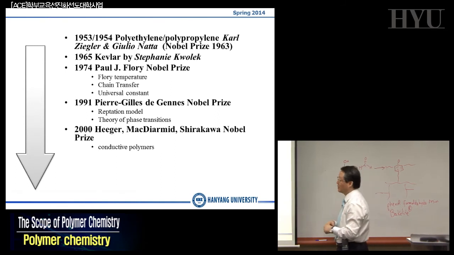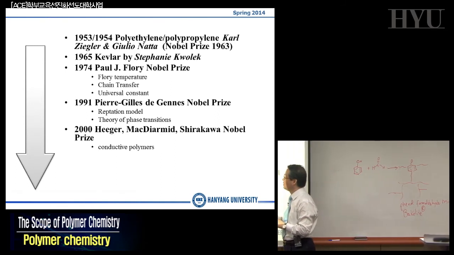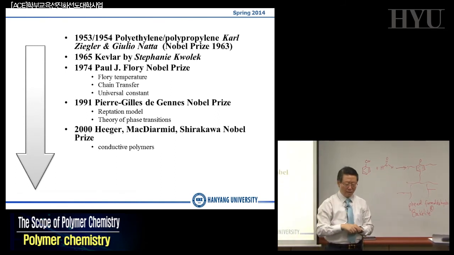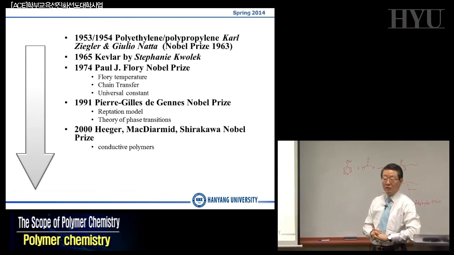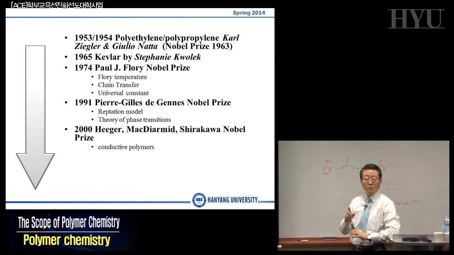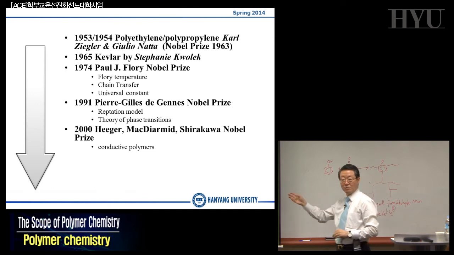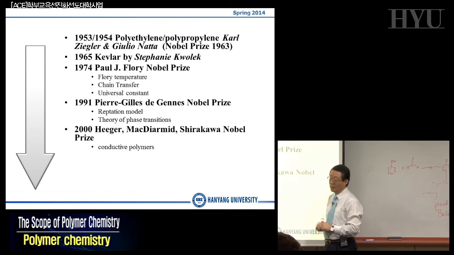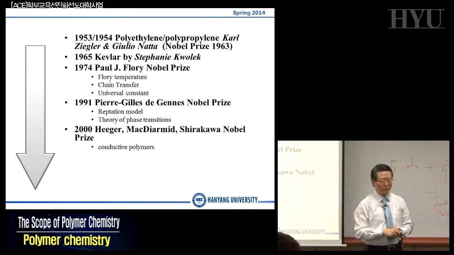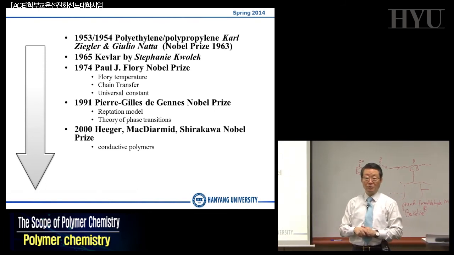What they had done was that Shirakawa was working at Kyoto University in the 1970s. And Professor Byun, who is Korean, was working with Professor Shirakawa at Kyoto University, and they were working on acetylene polymers.